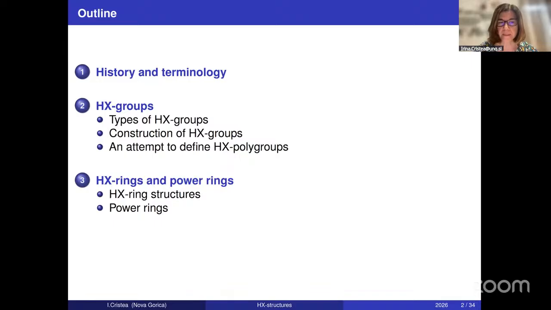Then the other notion is about HX rings and power rings. These are two different structures. Nothing has appeared until now on HX modules or HX fields, but you can immediately recognize that they can be defined very easily.